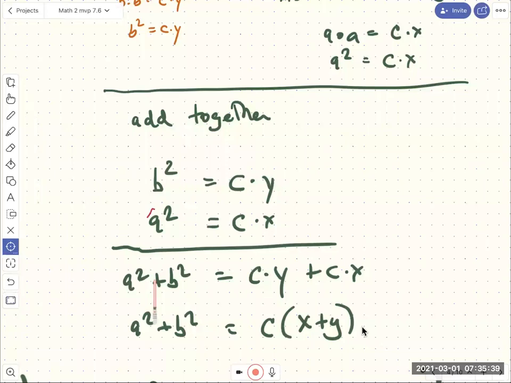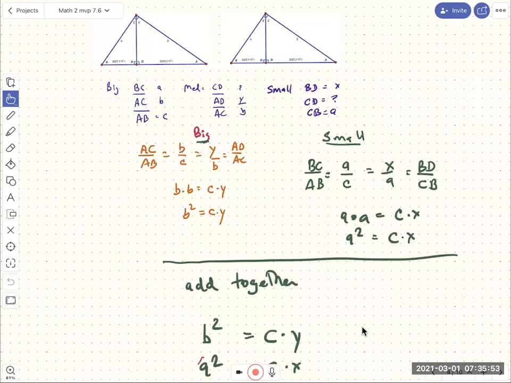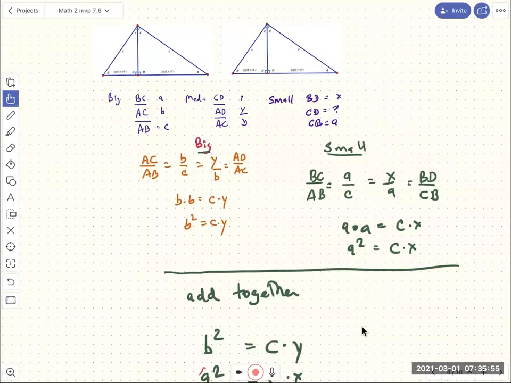So we have C times Y and C times X when we add the equations together, but that is the same as C times X plus Y, which still doesn't get us there until we look at X plus Y and say, well, what is X plus Y? Well, X plus Y is that division that we've made in C. So it's really just the two parts of C because of the altitude that's constructed.